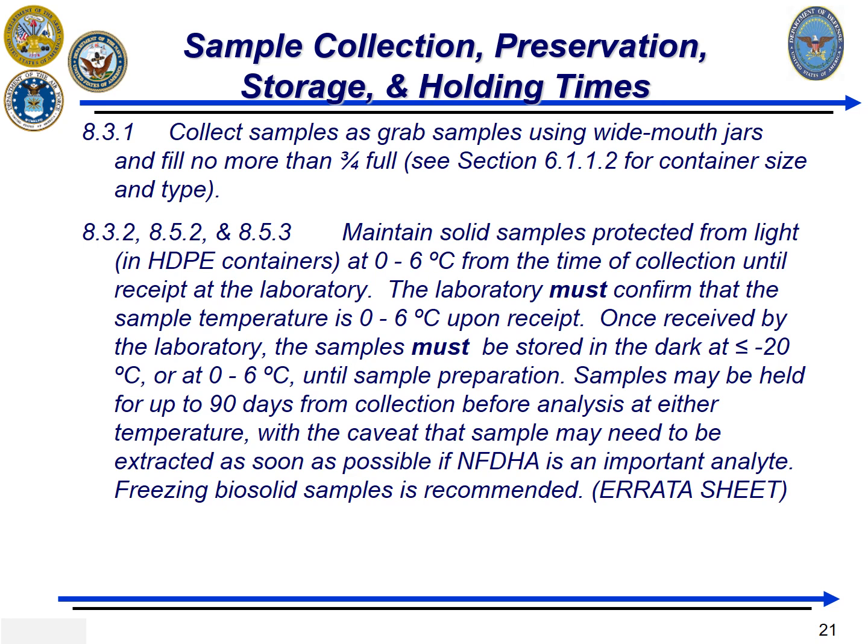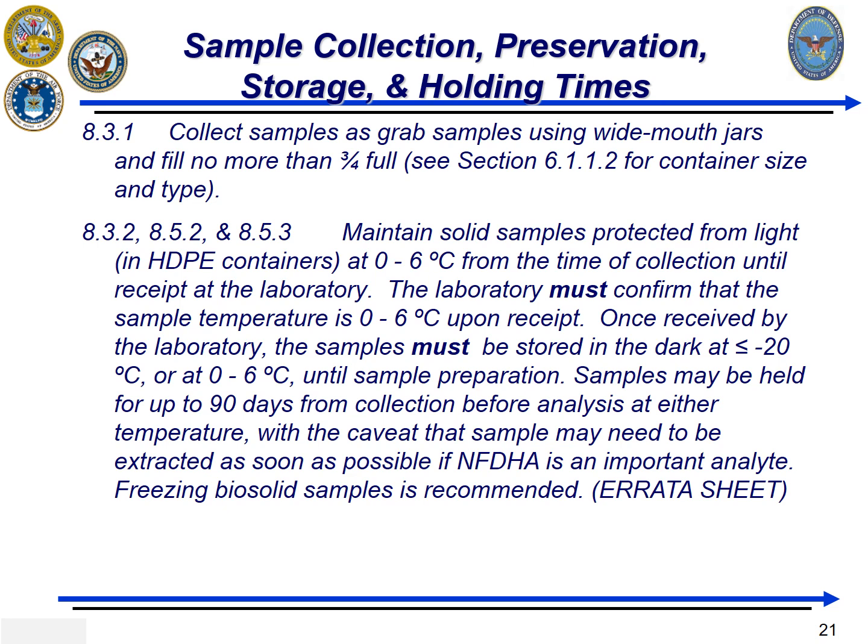And that the laboratory, once again, must confirm that the sample temperature is between 0 to 6 degrees Celsius upon receipt. Once it's received in the laboratory, the samples must be stored in the dark at less than or equal to negative 20 degrees C or at a temperature between 0 and 6 degrees Celsius until sample preparation. This is where the change has been made in the errata sheet.